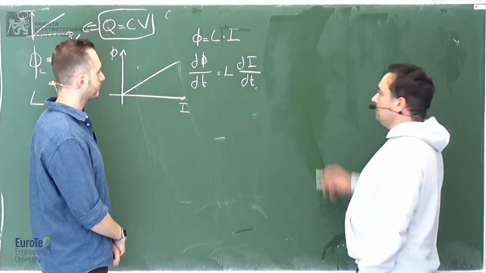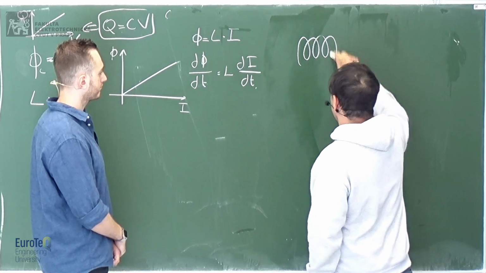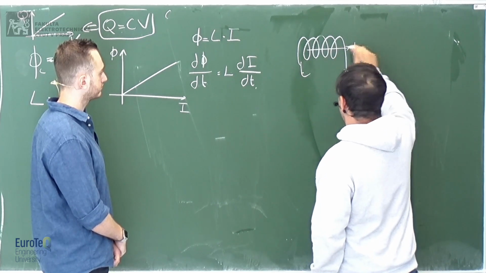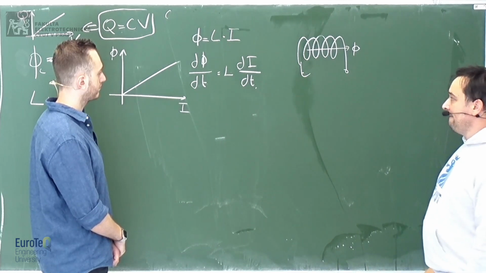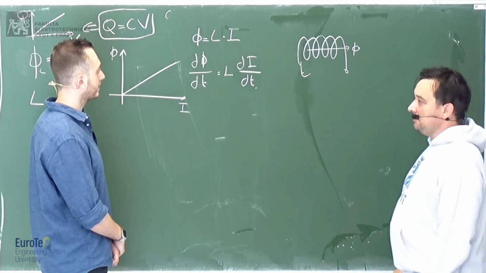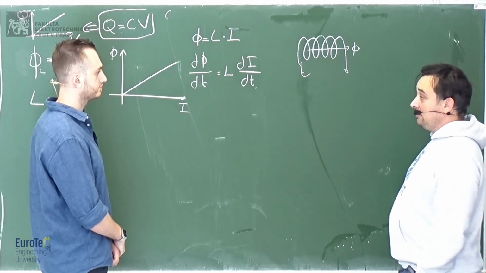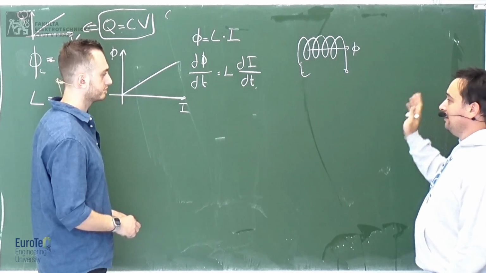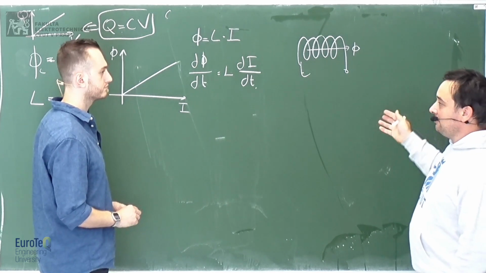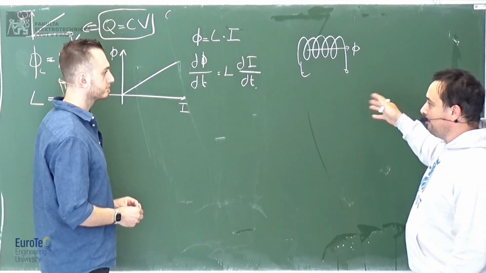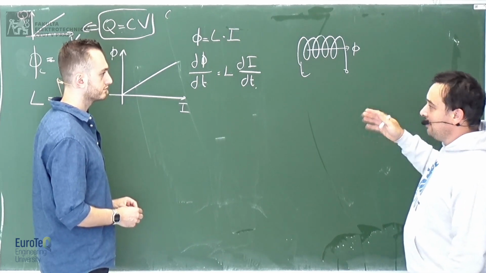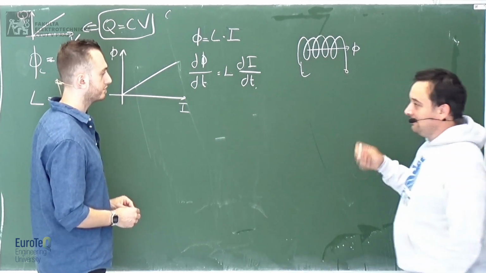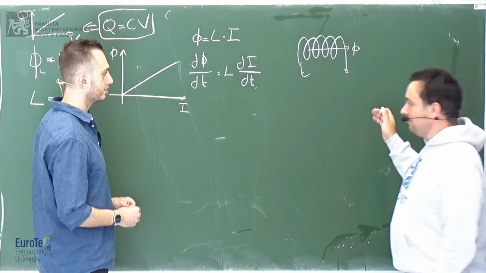What is the derivative of the flux? If this is the flux which goes inside here, induction law, it's the voltage. Remember that it should be with the minus, if you consider the proper convention. But let's forget about the minus and say that it's a voltage, because otherwise you have infinite energy, it feeds itself.